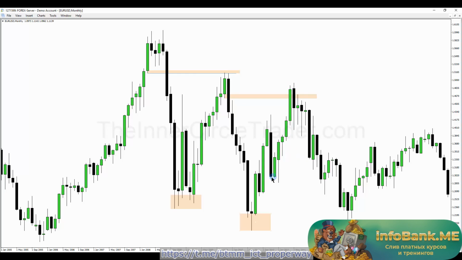So we allow the wicks to provide us an erroneous price delivery or extreme price delivery. But we want to do most of our analysis around the bodies of the candles. So what does that mean?